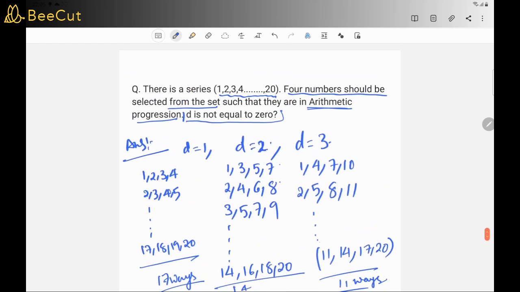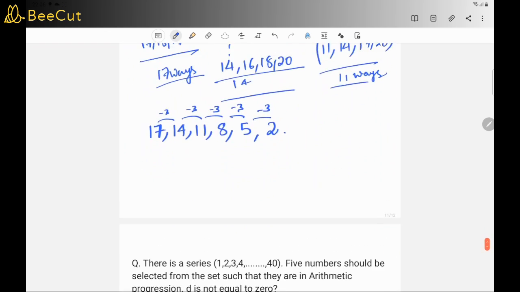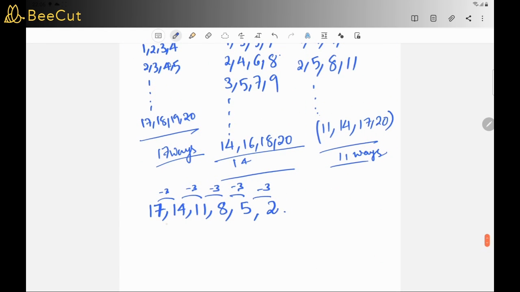So total number of sets that contain 4 numbers, and those 4 numbers must be in arithmetic progression, are 17 plus 14 plus 11 plus 8 plus 5 plus 2. So this is the answer. 17 plus 14, 31, 42, 50, 55, 57. This is the answer.